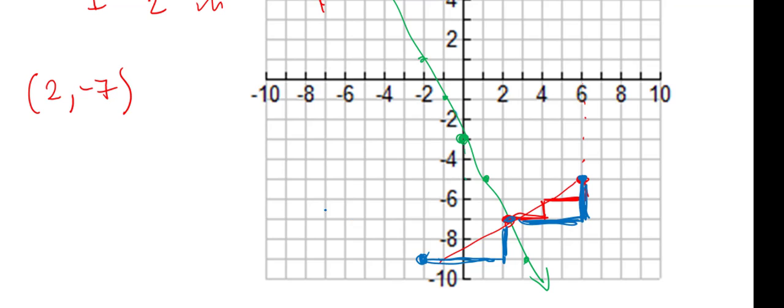It's going to be at (-2, -9). So there's a couple of things here. That only works if it works out just perfectly, where it hits it on the graph.